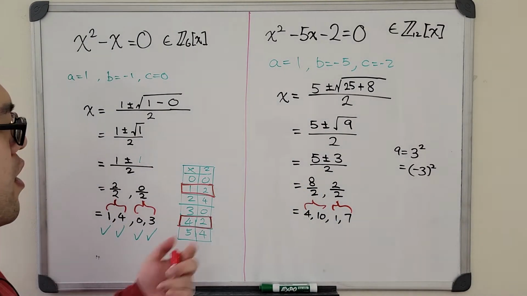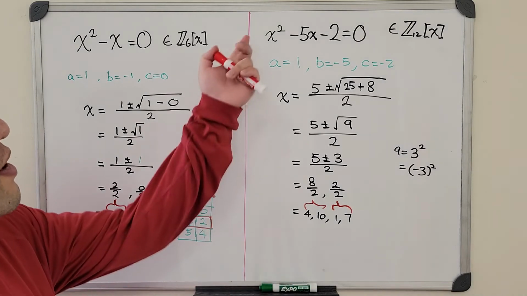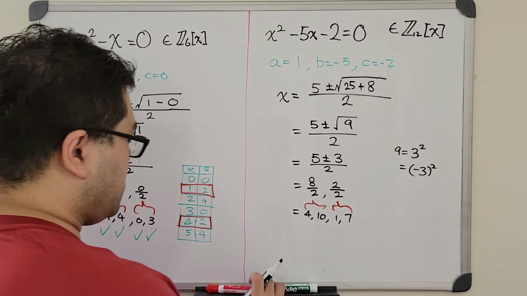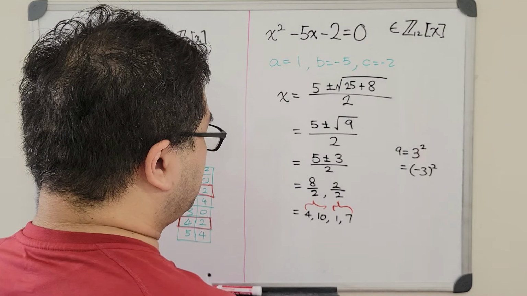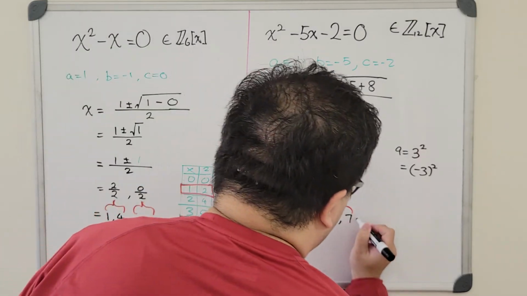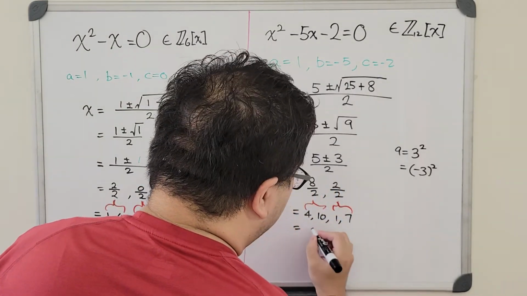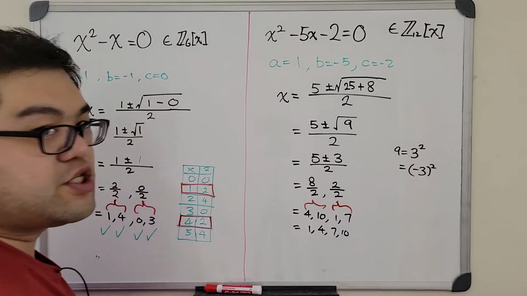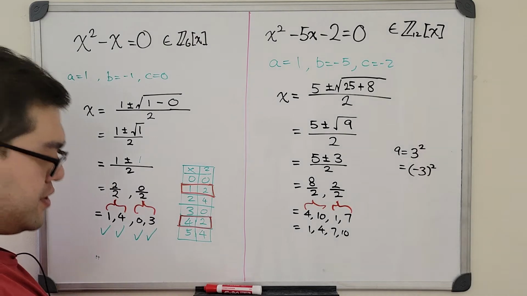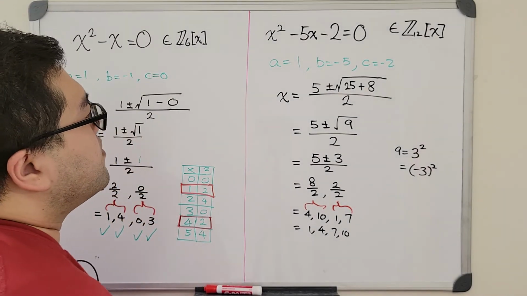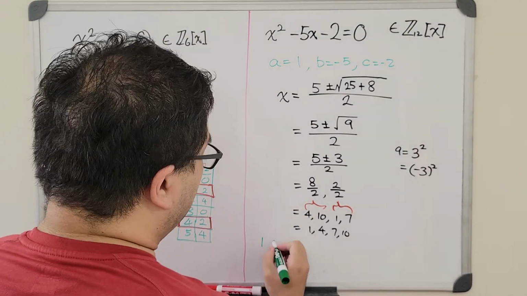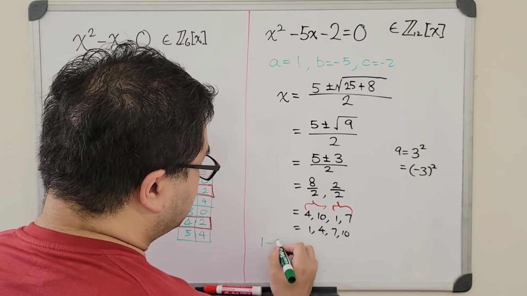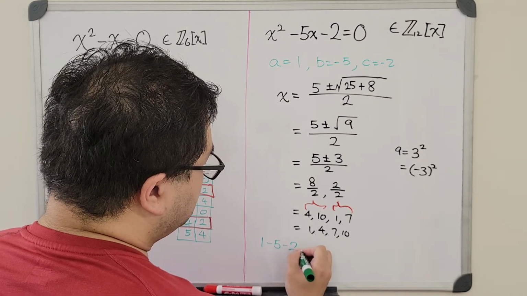But again, are all of them valid? Let's see. Before we move on, let's write them in order. We can have 1, 4, 7, and 10. So let's check each one. First, we have x equals 1. We get 1 squared, which is 1, minus 5 times 1, which is 5, minus 2.